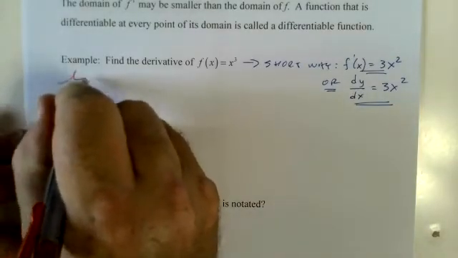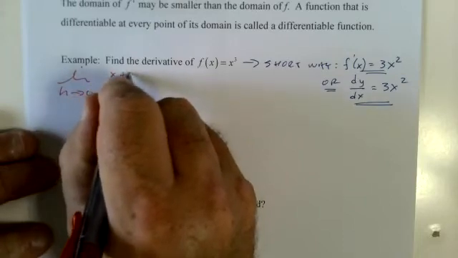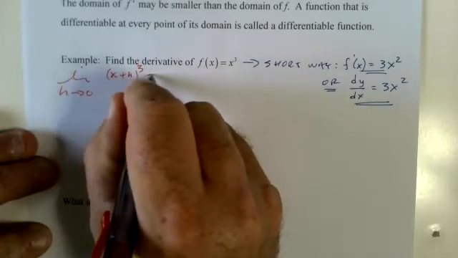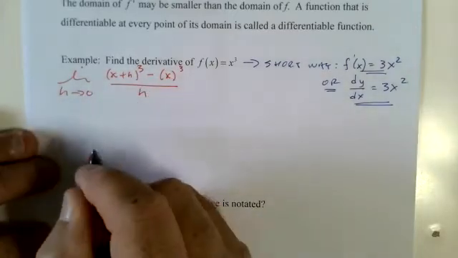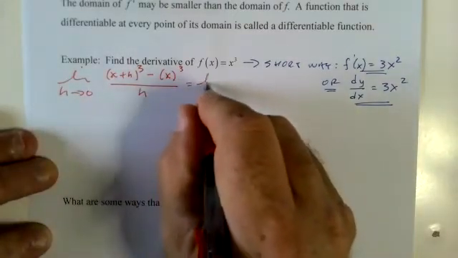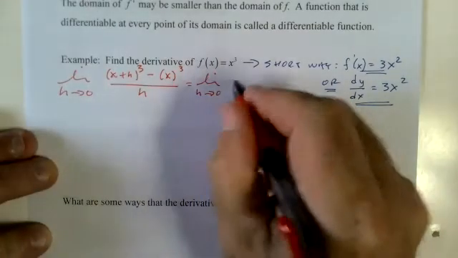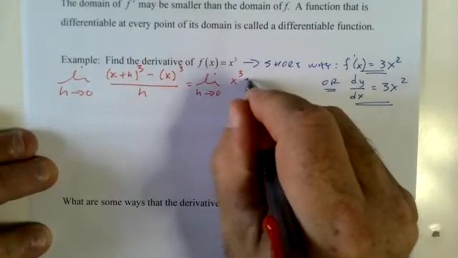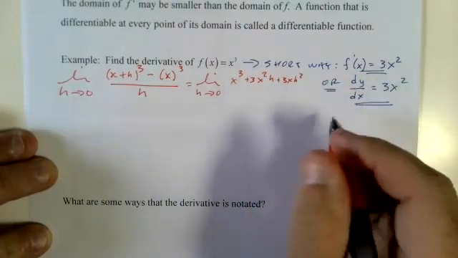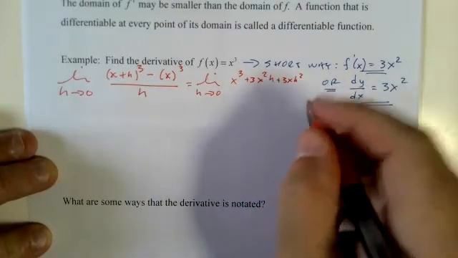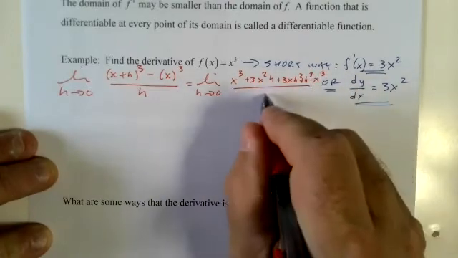Here's the long way. Which, if you want to blast it out, I believe will get you x to the third plus 3x squared h plus 3x h squared plus h to the third, minus x to the third, all over h.